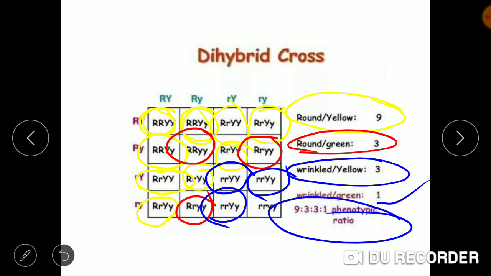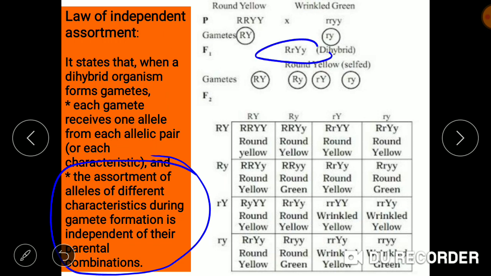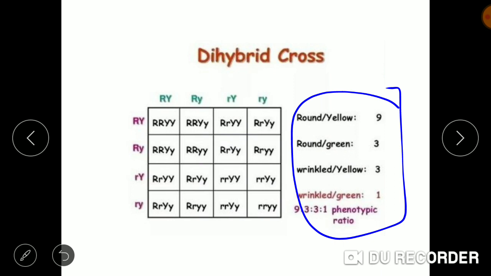So by the end of this dihybrid cross, we have made the second point also very clear, that the assortment of the alleles of different characteristics during the gamete formation is independent of their parental combination, which means when the selfing is done between capital R small r and capital Y small y, then we obtained these offspring which are completely different from the parent.